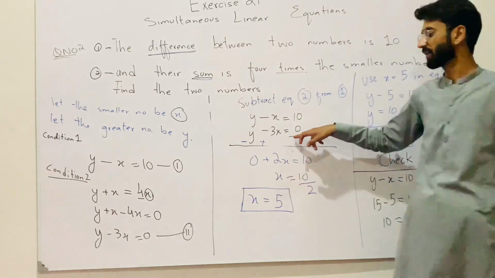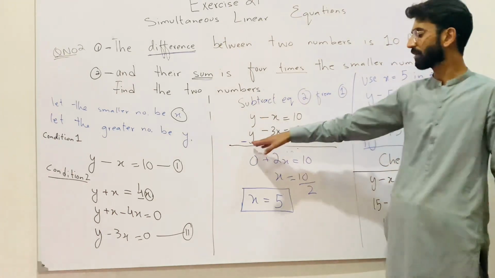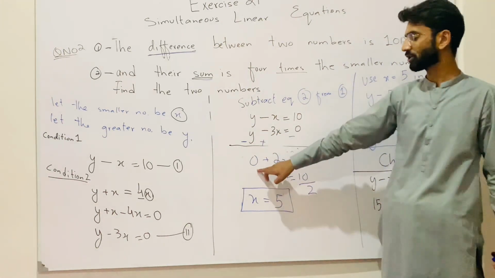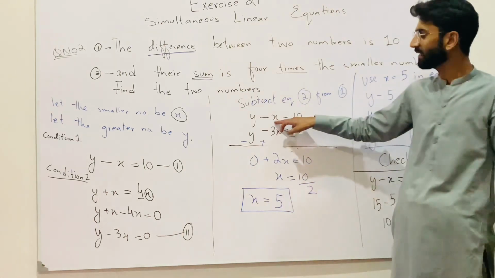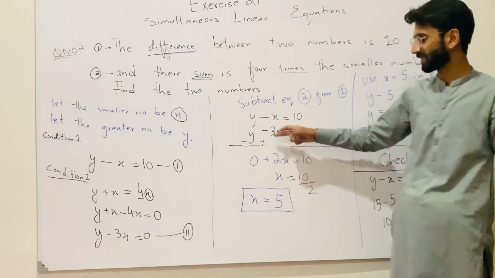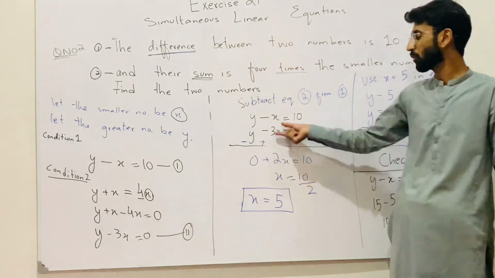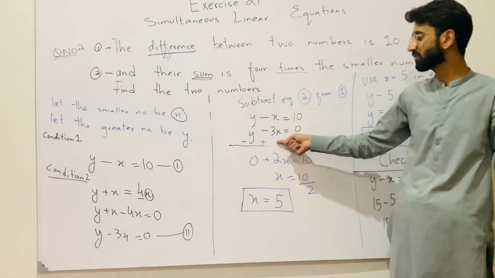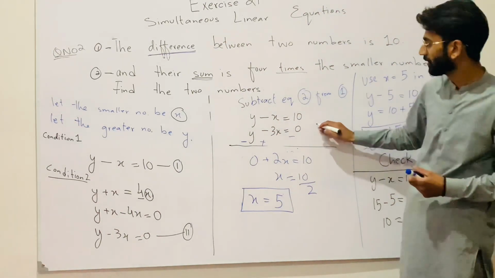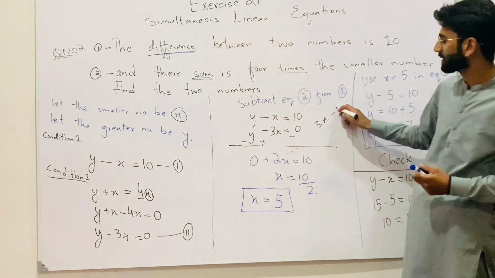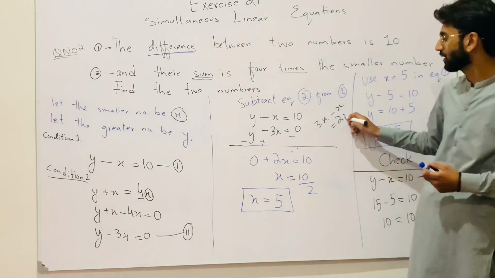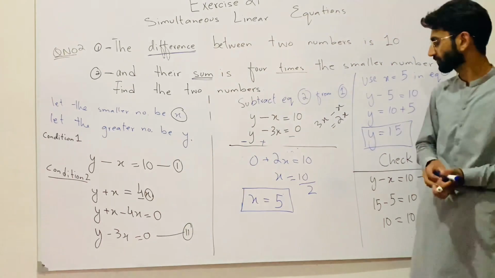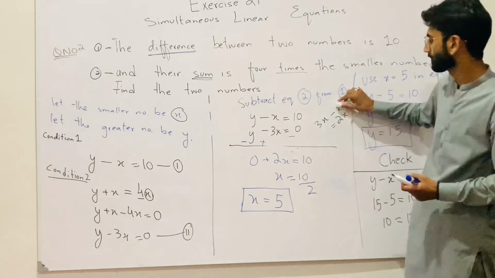So y and minus y cancel each other to get 0, and minus x and plus 3x, because we have changed the sign, gives us 2x.